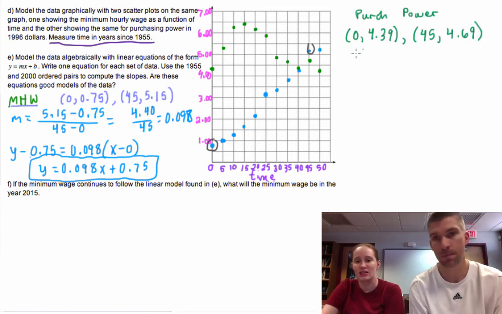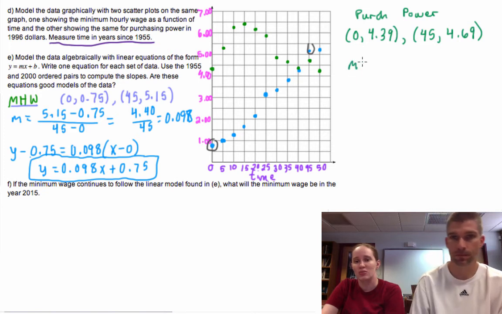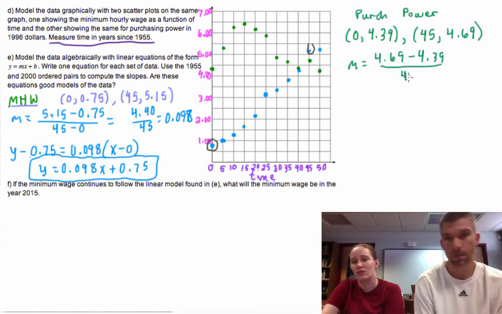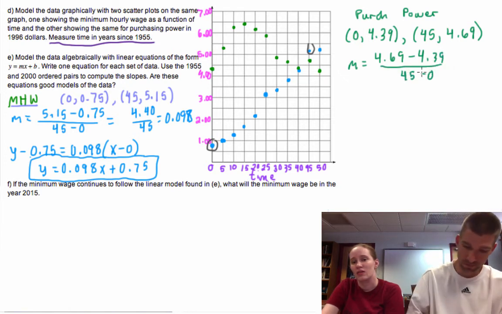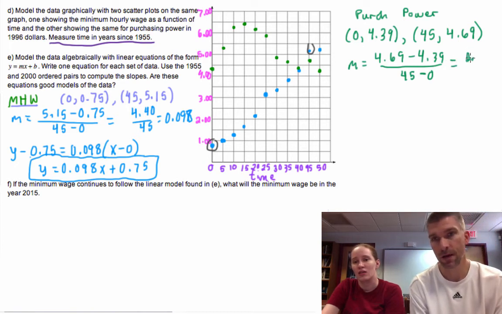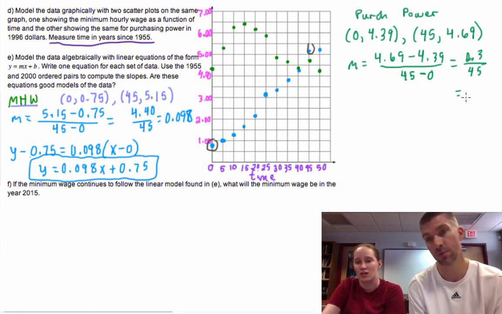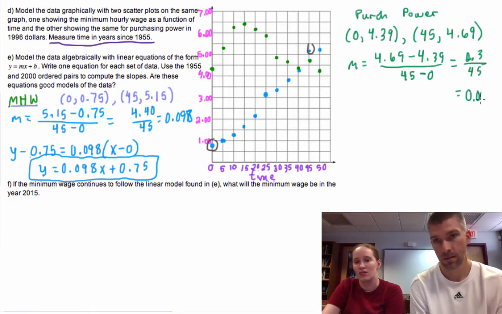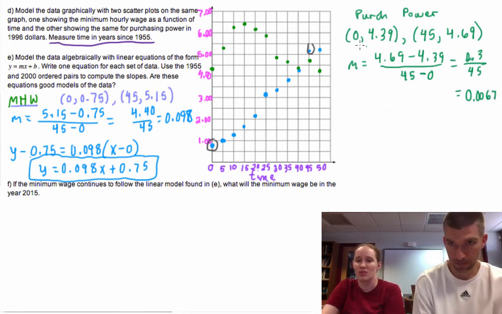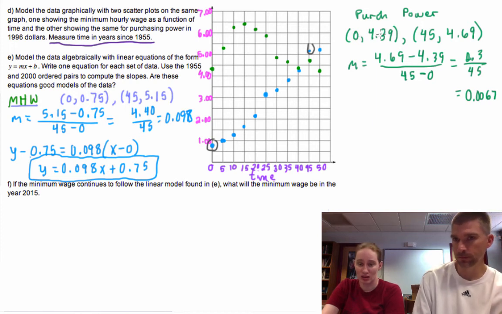I don't feel like it is either. Our slope, we do 469 minus 439 over 45 minus 0. So it's 0.3 divided by 45, and that is 0.006 repeating.